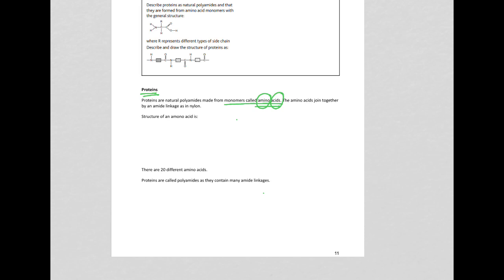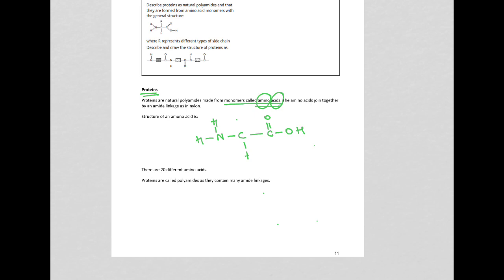So an amino acid has 2 parts. So the amino part looks like this. So where you have NH2, this is the amino part. And the acidic part is where you have the COOH. So this is what makes up an amino acid.